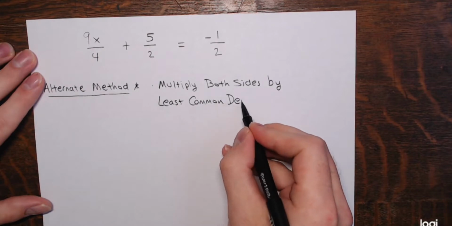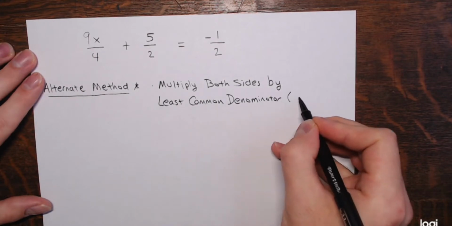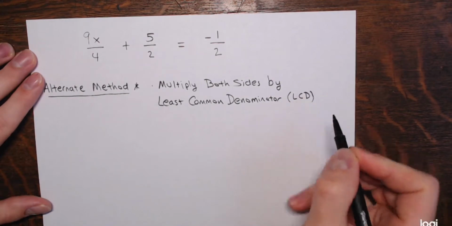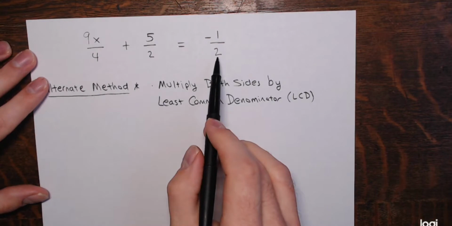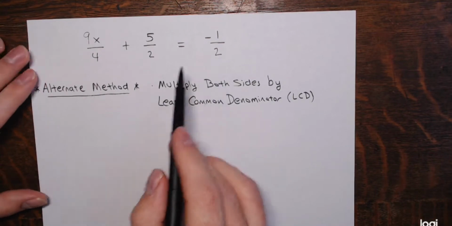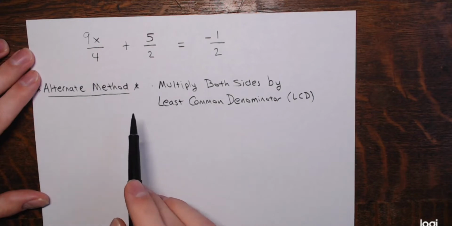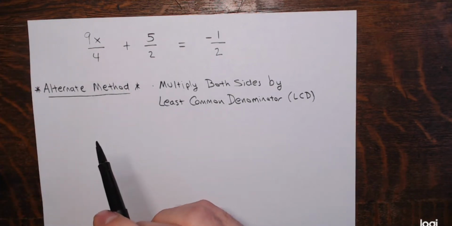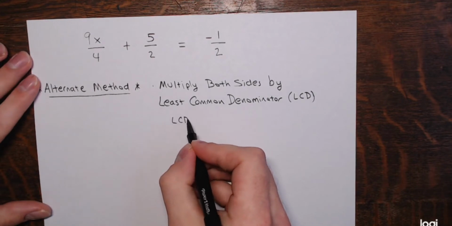Again, just shortened to LCD. So what's the smallest common multiple of 2 and 4? Well, the multiples of 2 are 2, 4, 6, 8, and the multiples of 4 are 4, 8, 12, 16, and so on. The smallest that they share is 4. Here the LCD is 4.